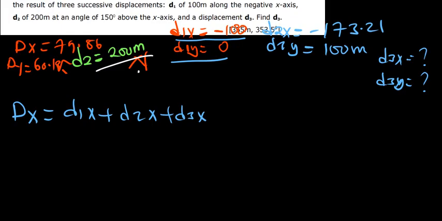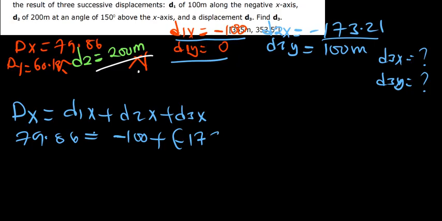Then we just plug in the values. Dx is 79.86. This should be equal to d1x, which is negative 100, plus d2x, which is negative 173.21, plus d3x is the one I'm trying to find.